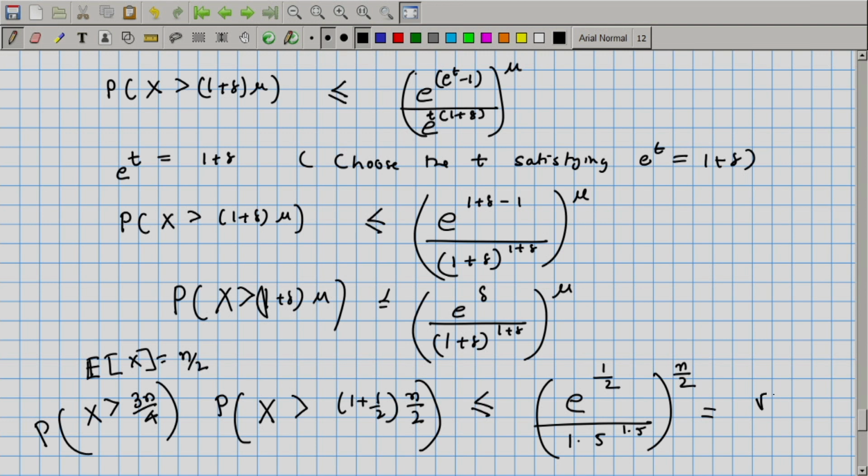So, this is equal to root e divided by 1.5 raised to 1.5. You can verify that this quantity is less than 1. Computation will tell you that this quantity is less than 1, and therefore, the probability of this happening is some quantity less than 1, the whole raised to n by 2.